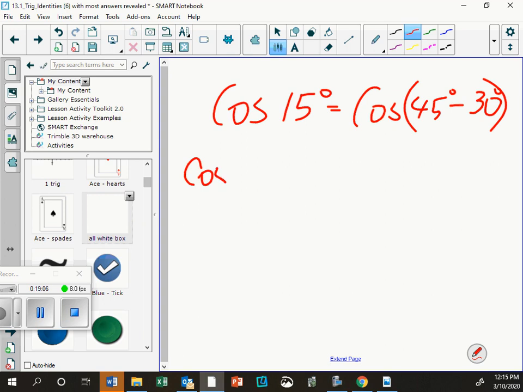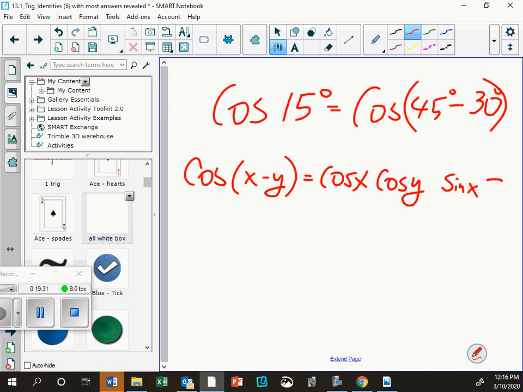I'll write it out for you. The cosine of x minus y. I could have said theta and alpha. I could have used any letters I wanted there, but this is what you'd have on the sheet. Co, C, and then just try to remember what symbol is in between, because these are always multiplied.